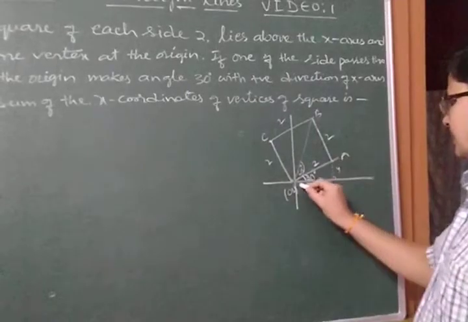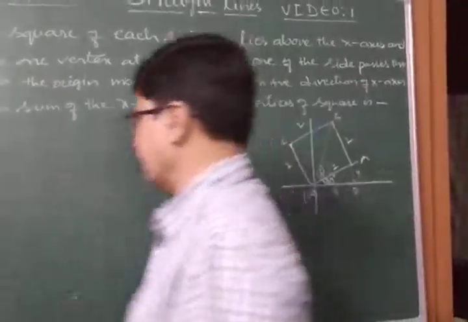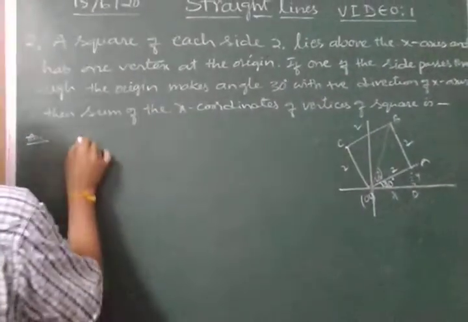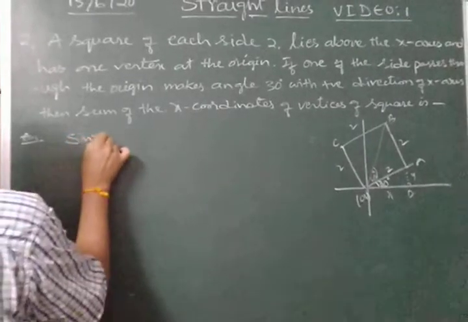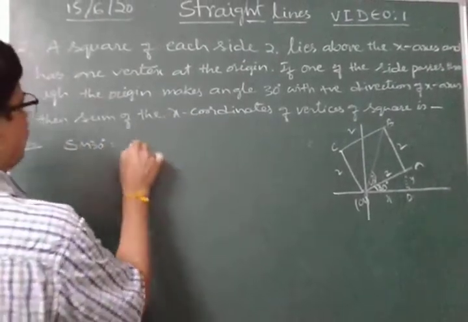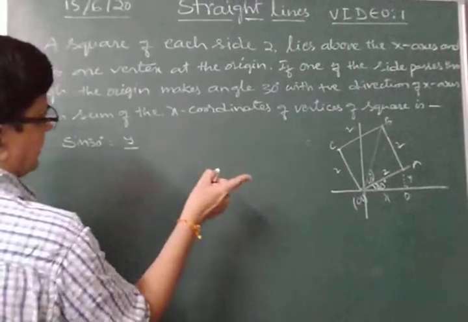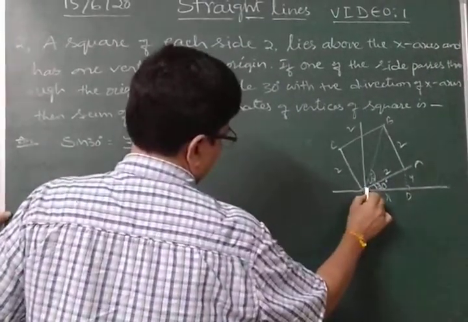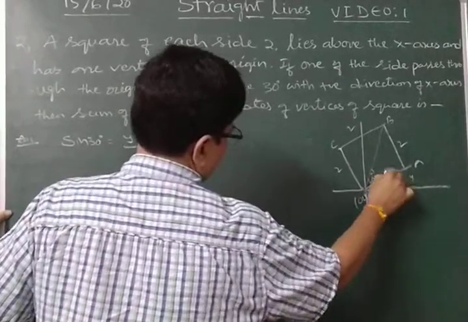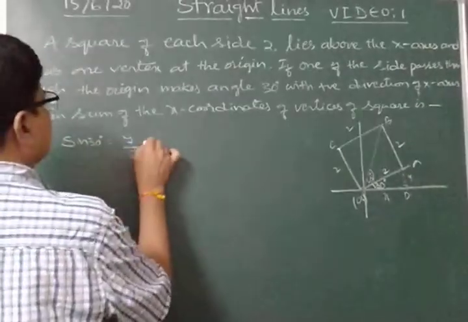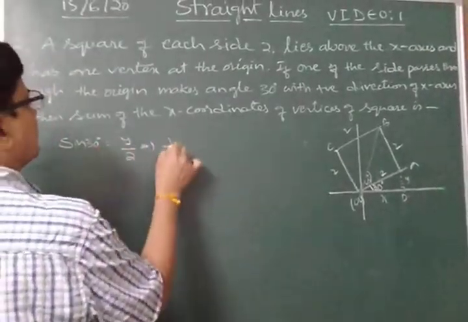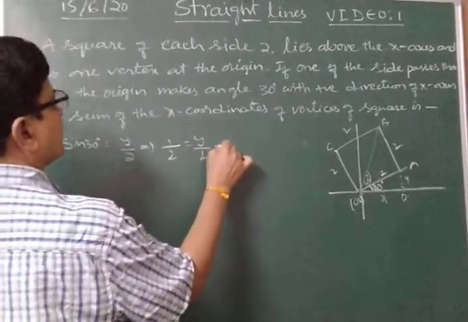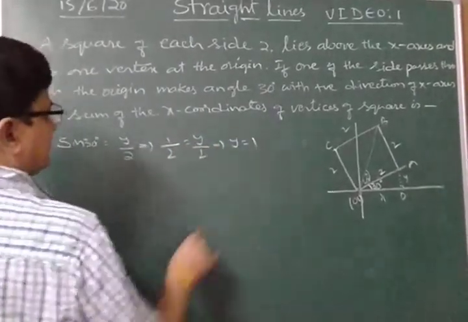From this right angled triangle, sine 30 degrees is equal to the opposite side y by the hypotenuse. The hypotenuse is 2. Sine 30 means 1 by 2 is equal to y by 2. So that implies y is equal to 1.